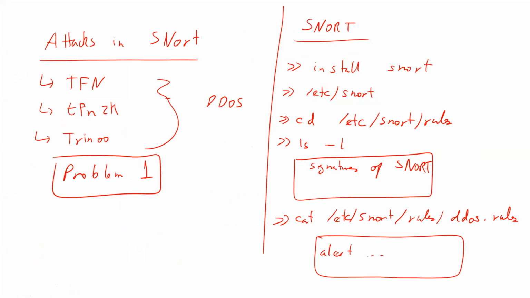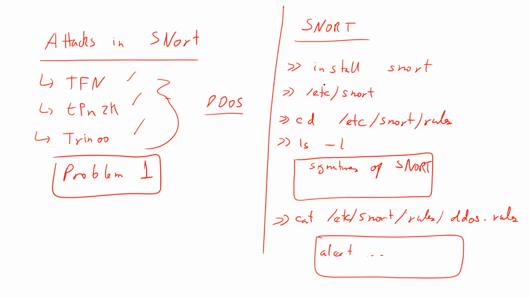For instance, by a family I mean denial of service attacks. As I showed last week, you're going to go into Snort and find TFN, TFN2K, and TRIN00. Those 3 attacks. You need to find those alerts, find out what they look like in Snort, and then trigger those alerts.